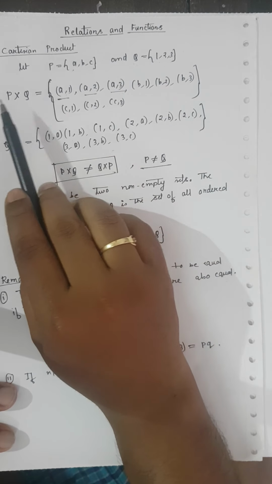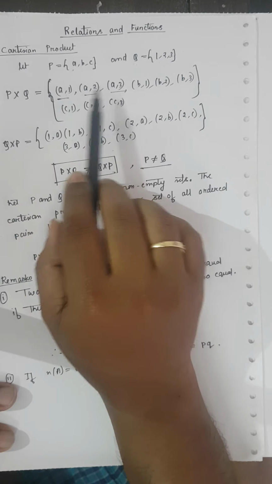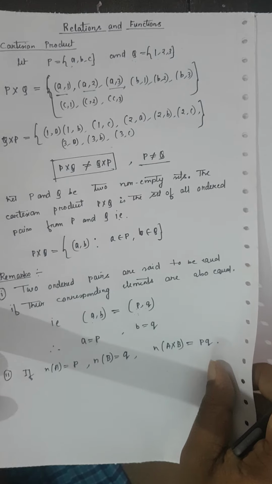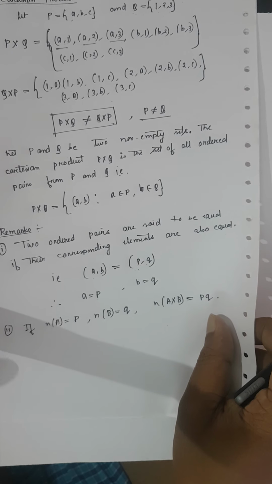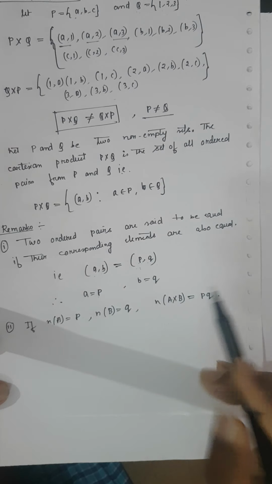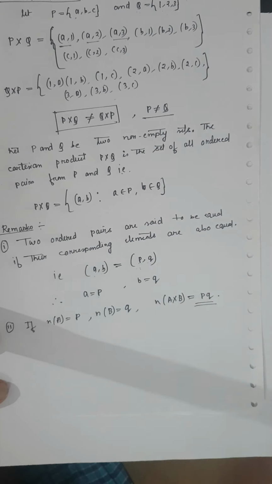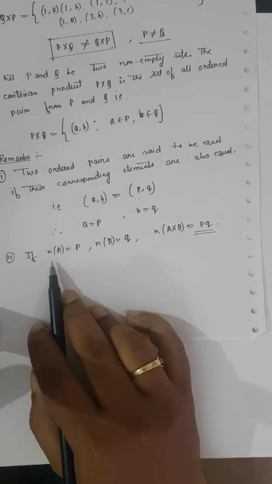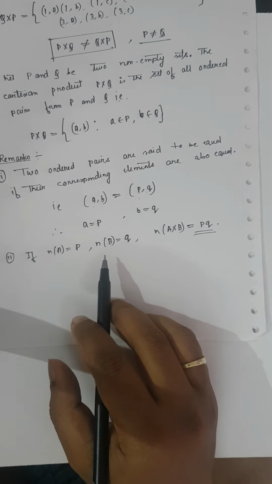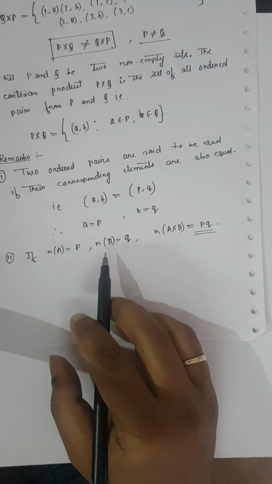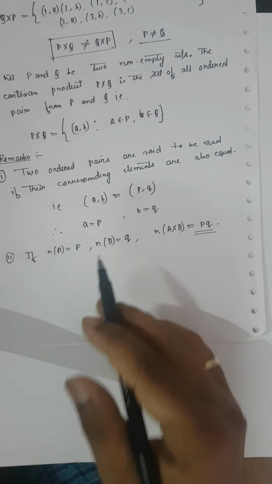Now their Cartesian product has 9 elements. So you can see that when you multiply two non-empty sets, their product contains p into q number of elements. If A is finite and B is a finite set, then A cross B will be finite, and if any one of A and B is infinite, then A cross B will also be an infinite set.